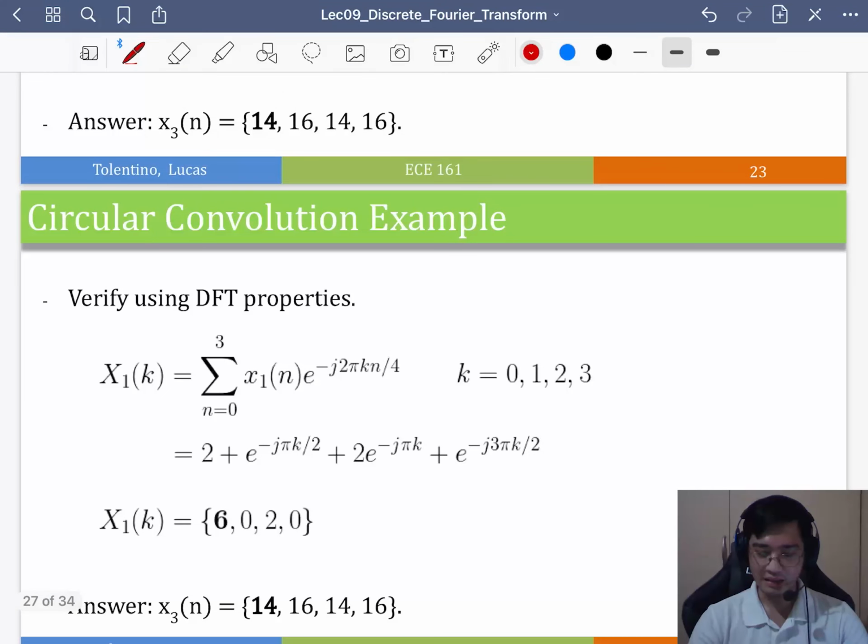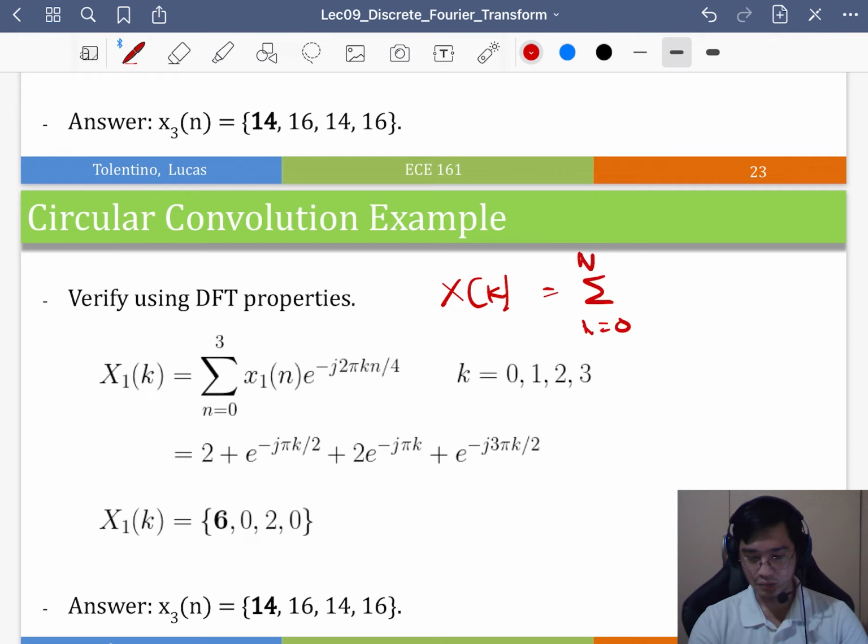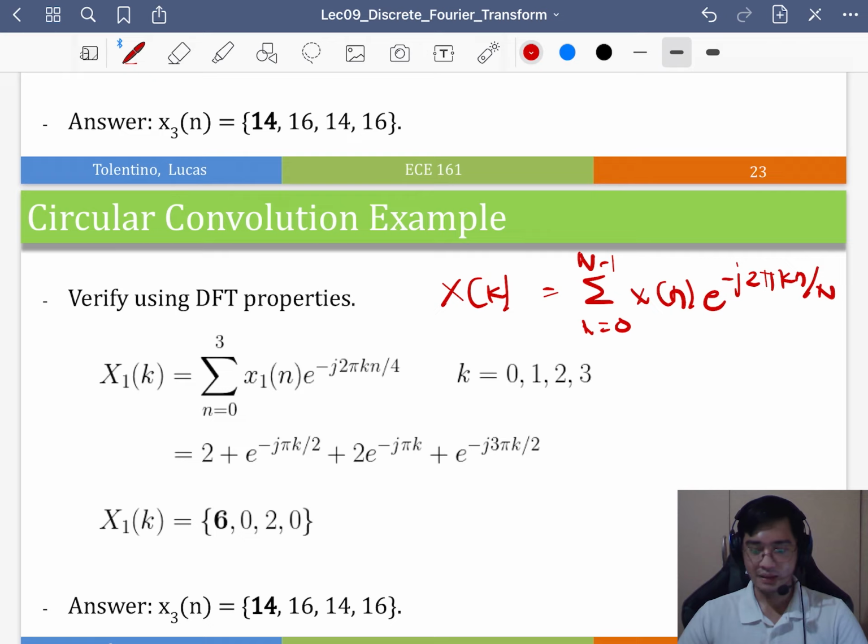Let me just write the formula again. X of k is the summation from n equals 0 to N minus 1 of x of n e to the minus j 2 pi k n over capital N. In this case, N is 4. We are getting 4-point DFTs.